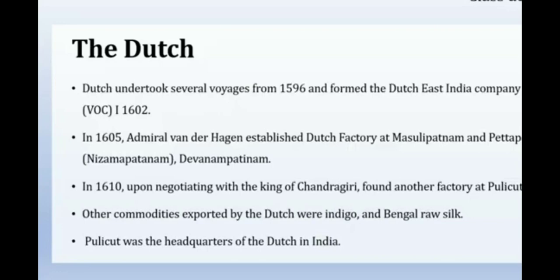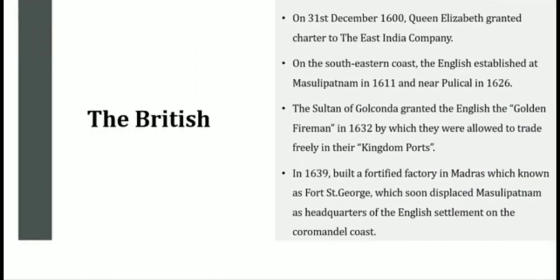In the same way, the Dutch kept Pulicat as their headquarters in India. Next, the British. What do you know about the British? Already I taught that the world's first multinational company was the British East India Company, isn't it?